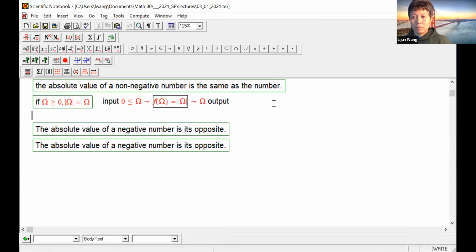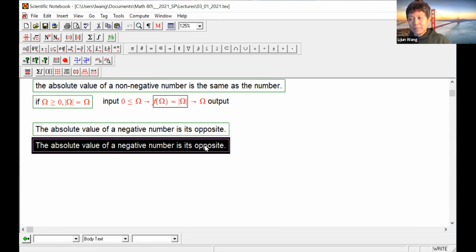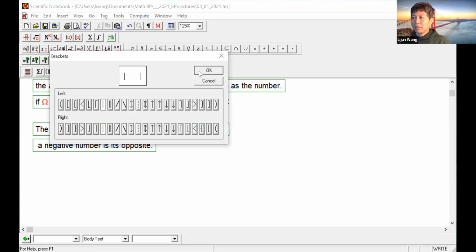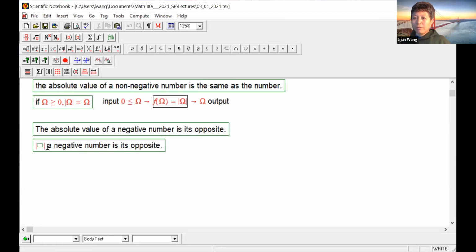Okay, 3 categories. Now, how about this second sentence? Once again, we're dealing with the absolute value of, right? The absolute value of this phrase is replaced by this shorthand notation of a negative number.